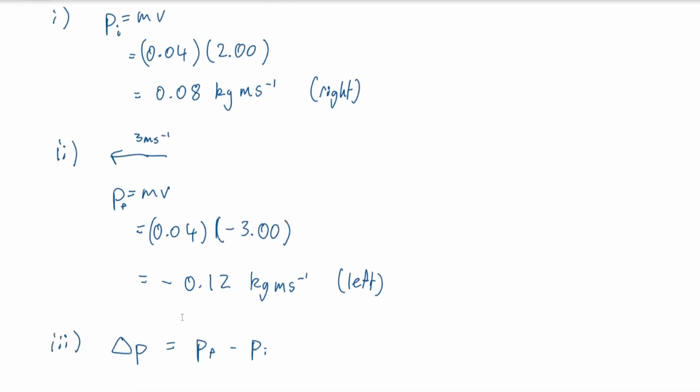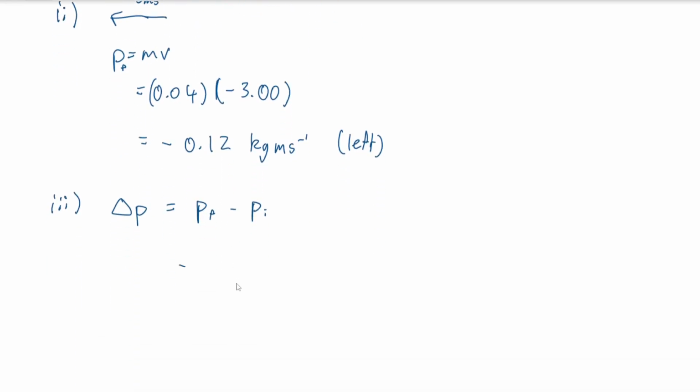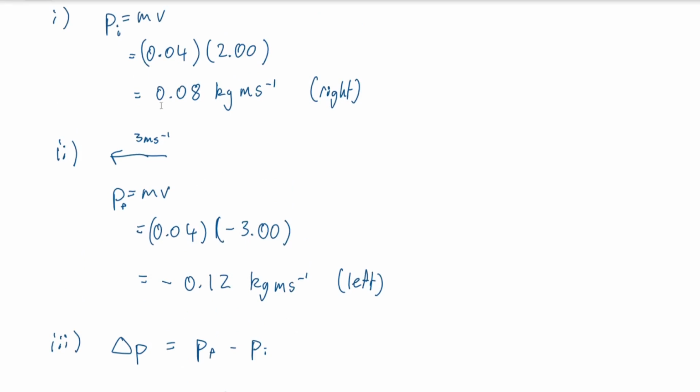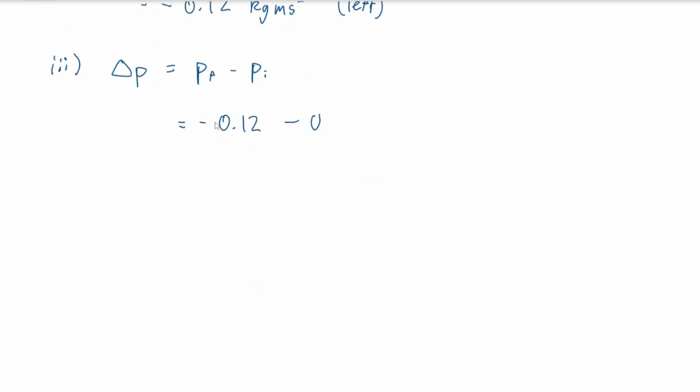So the final momentum is minus 0.12. And we take away the initial 0.08. And that would give minus 0.20 kilogram meters per second. And so what's the direction? Well, since it's negative, we know the change in momentum is to the left.